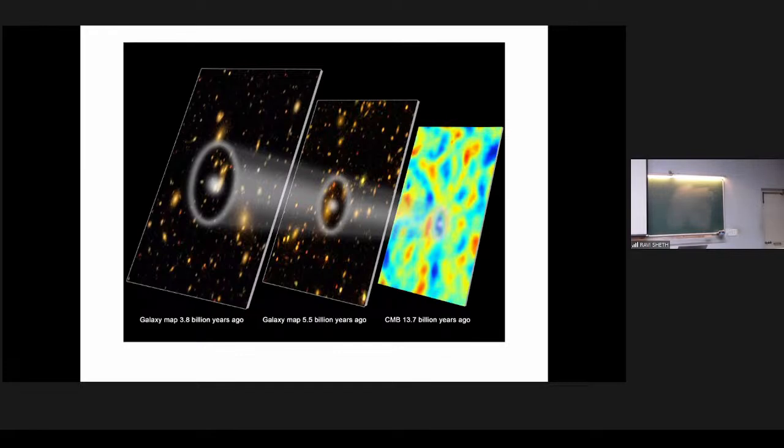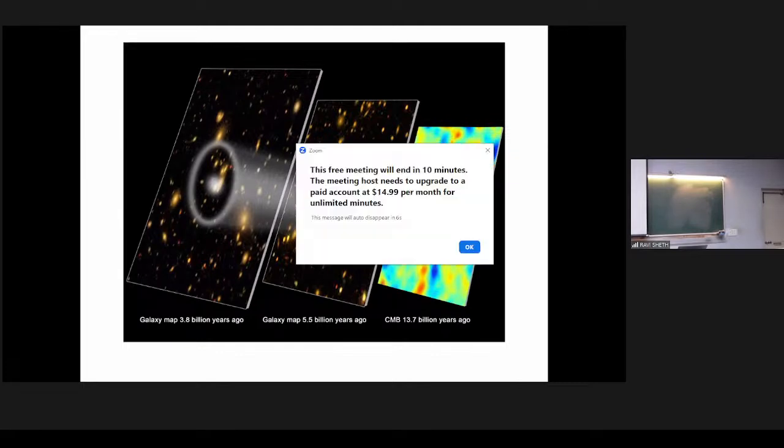Not just the CMB, but any distance in between, all the way to us. That's why it's such a nice probe: it's the same physics applied at many different epochs in the universe. That's the attraction.